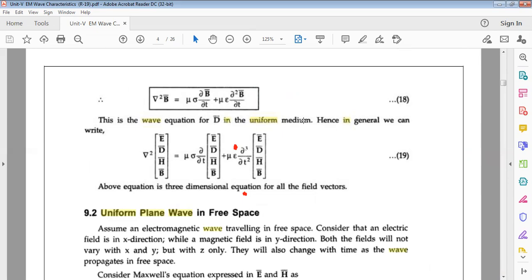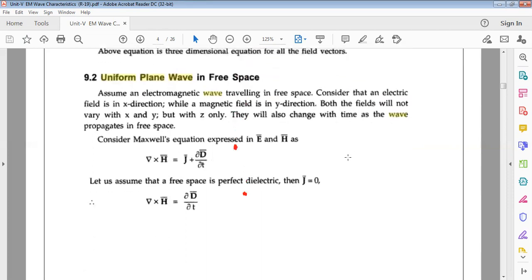Hence, in general, we can write it for all the equations: del square of E bar, D bar, H bar, B bar equals mu sigma dou by dou t of E bar, D bar, H bar, and B bar plus mu epsilon dou square by dou t square of E bar, D bar, H bar, and B bar. This is the three-dimensional equation for all the field vectors. Got it, my friends?